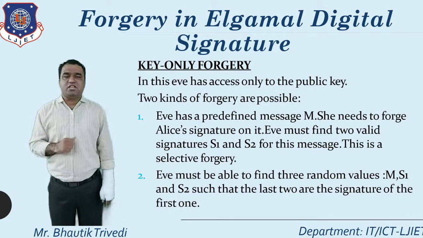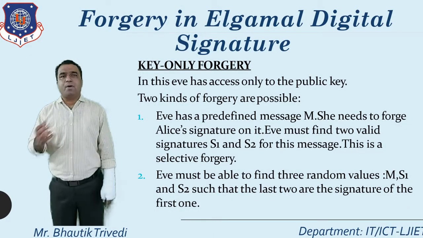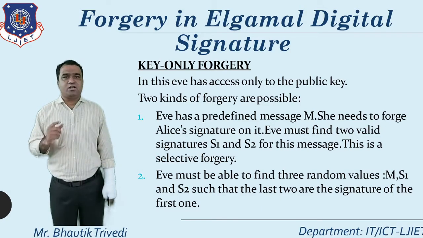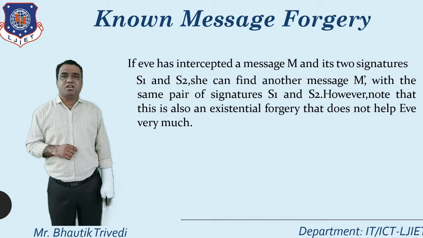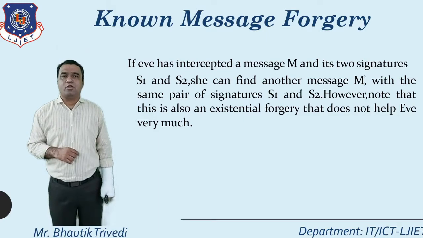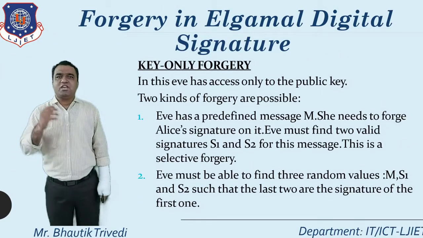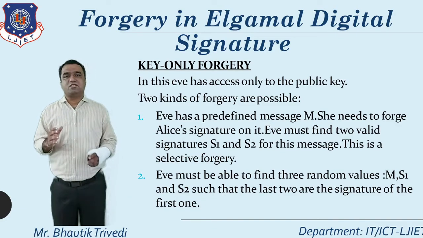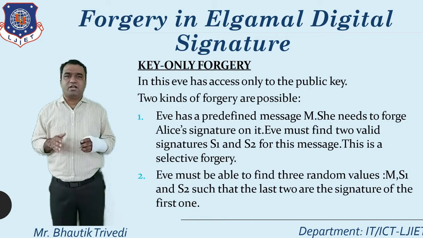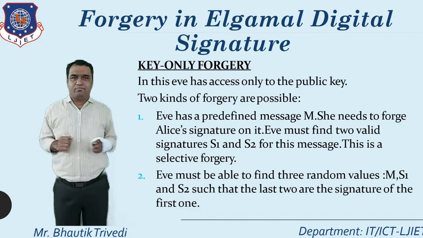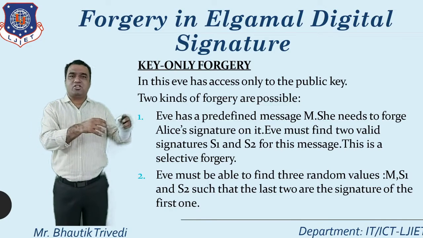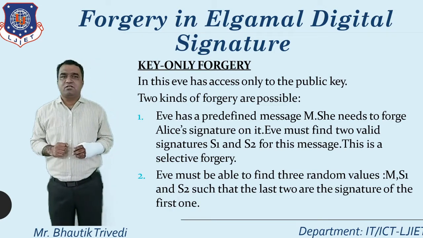Which kind of forgery applies to the ElGamal digital signature? Mainly two types. One is the key-only forgery, and the second one is the known-message forgery. Key-only forgery means one particular user has a predefined message M. He needs to forge a signature of another person.